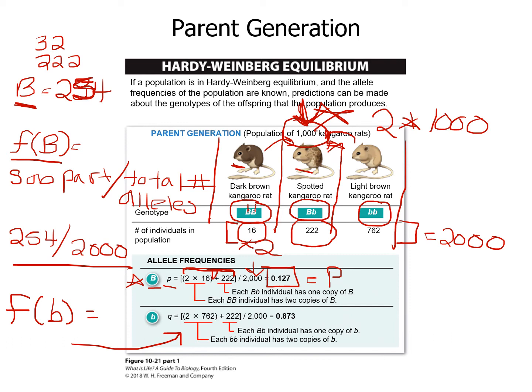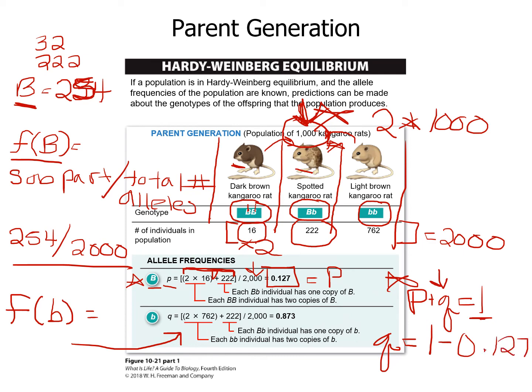Or, because we know that P plus Q equals 1, we can use this equation, because it will always be 1 in the end, that if we know P, we can figure out Q. So to figure out Q, we would take 1 minus P, which is 0.127, which is going to give us 0.873. So again, you can get to that 2 ways, and you can always double check your answer.